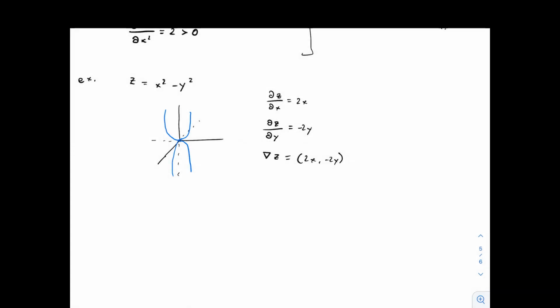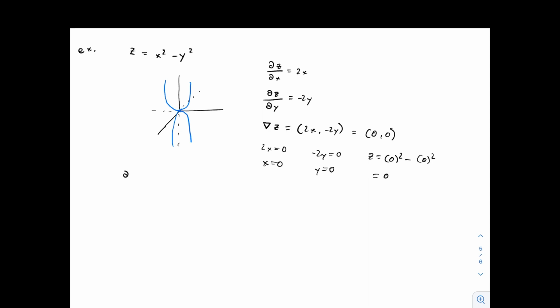And to be a little bit more formal about our notation, if we set this equal to the zero vector, then we end up with 2x is equal to 0 and x is equal to 0. Negative 2y equals 0, so y equals 0. And then plugging in, we have z is 0 squared minus 0 squared, and that's 0 as well, right? So the point that we're considering is the origin.